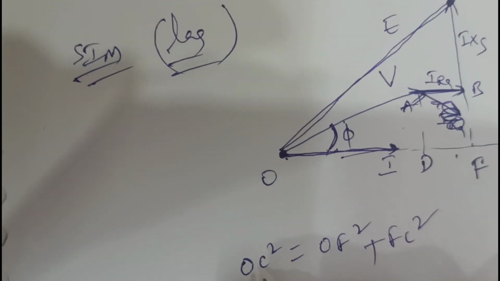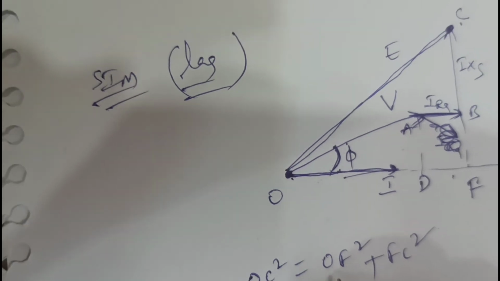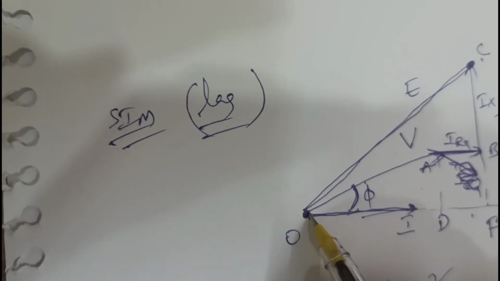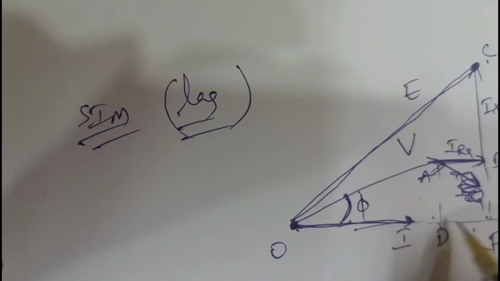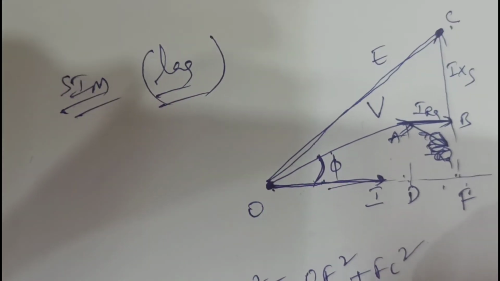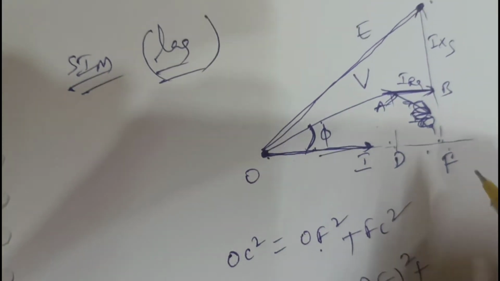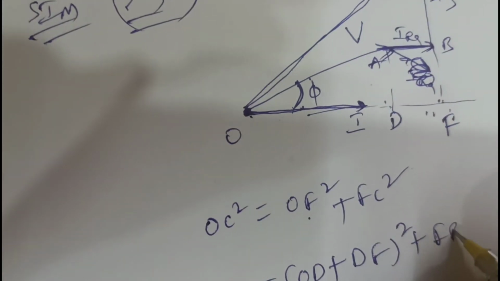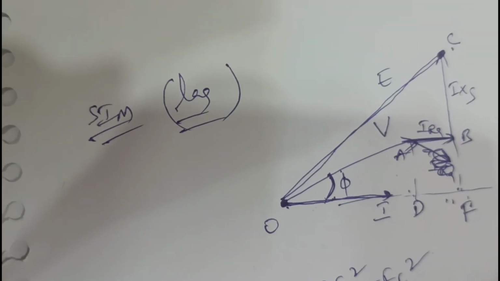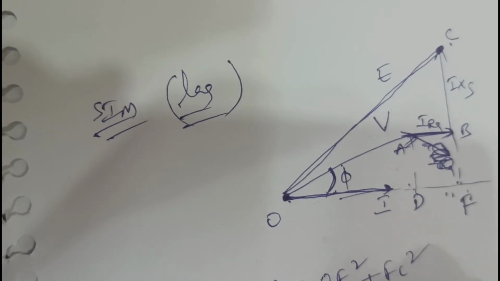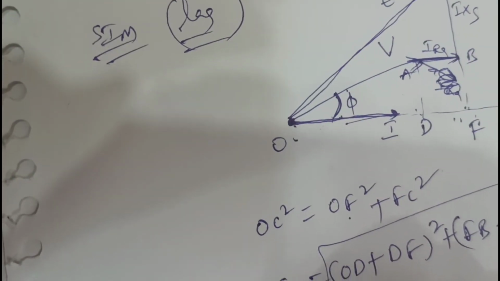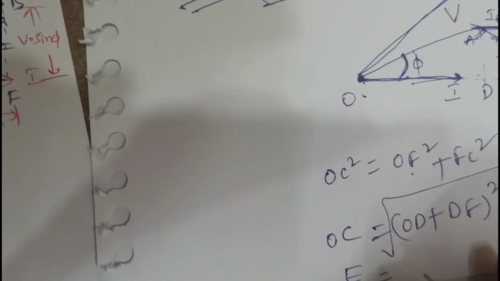So OC square is equal to (OD plus DF) whole square plus (FB plus BC) whole square. OC is equal to the square root of this. This OC indicates simply E.